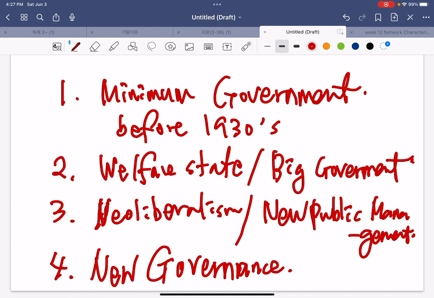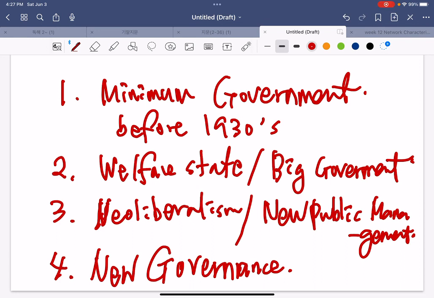New governance is the basis on the network approach. Why? In the new governance, a variety of social actors, social entities, including private company, government, public enterprise, and citizens, cooperate together to provide the good public services.